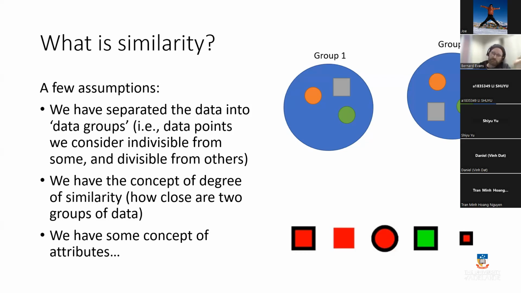Now I need to do a 10,000 by 10,000 algorithm to compare each element to each other element to see if each element in group one is the same as each element in group two. And now I've got two groups, so I've got to do it twice. And if I've got 10,000 groups, then I've got to do it 10,000 times. You can see how this really quickly balloons into lots and lots of data, lots of comparisons, and we get kind of grumpy. And the question is, how correct are we?